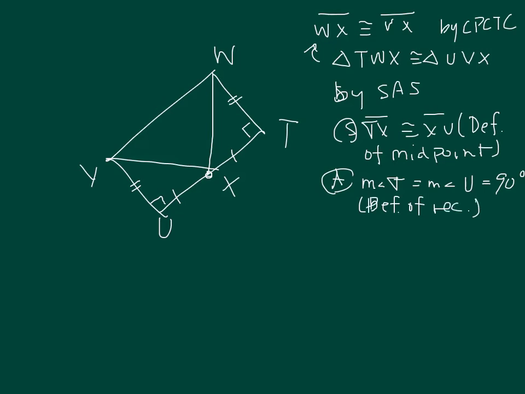I'm using abbreviations here, but if it's a formal proof, you have to write it out. Anyways, we also say segment VU is congruent to segment WT, which is also the definition of rectangle.